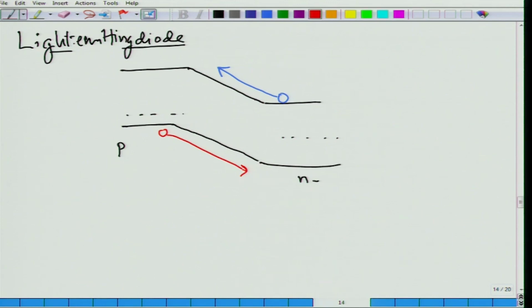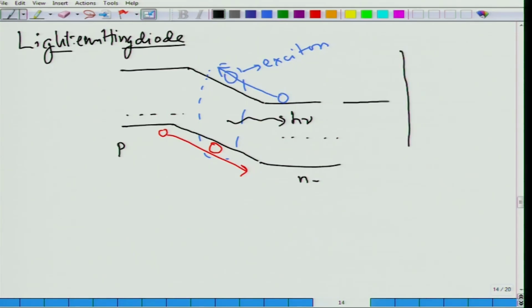And once again the interaction takes place in the depletion zone. If you have enough electrons and holes, they will come together at a certain point and generate excitons by binding with each other. At the end, when they recombine, you will get light out. So, basically the light emitting diode works in a different region and the solar cell works in a different region.